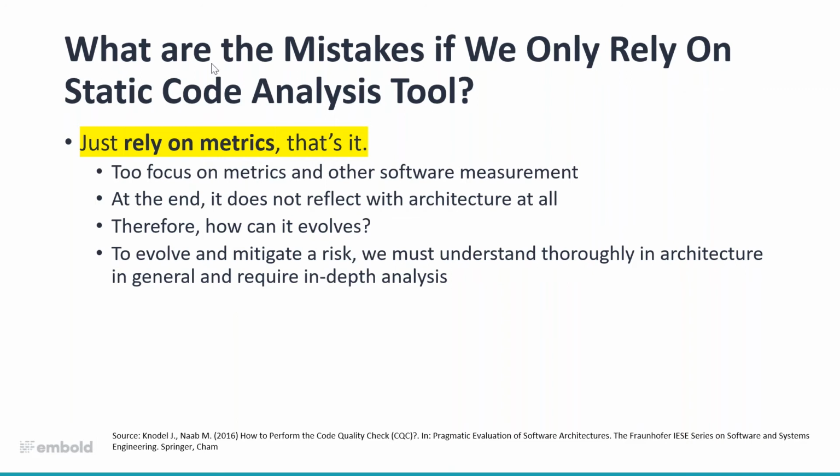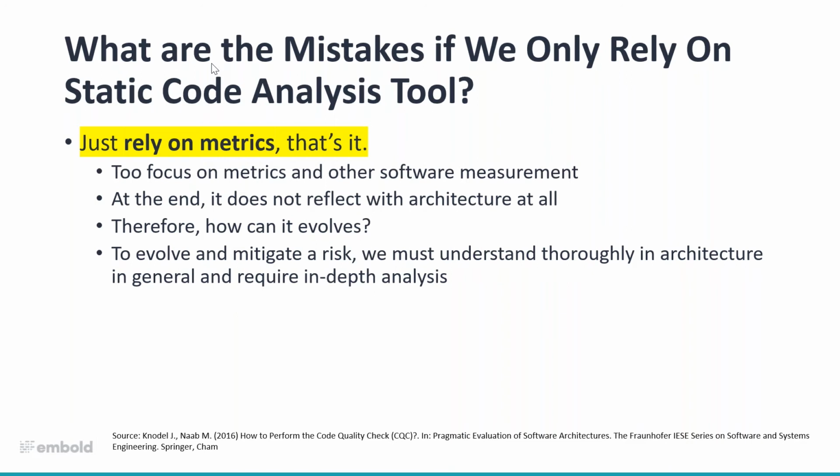Because the number is there, they are really interested in the metric value, but somehow it does not reflect the architecture at all. Because if you want to go more agile and make the architecture more evolvable, we need to have a thorough understanding and do in-depth analysis.